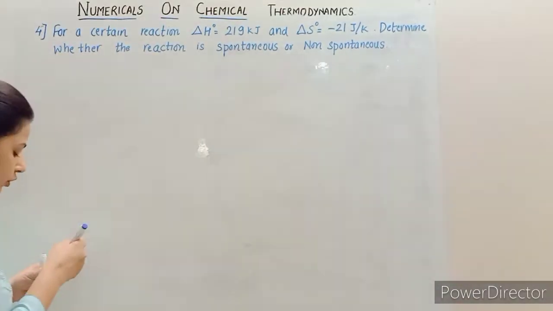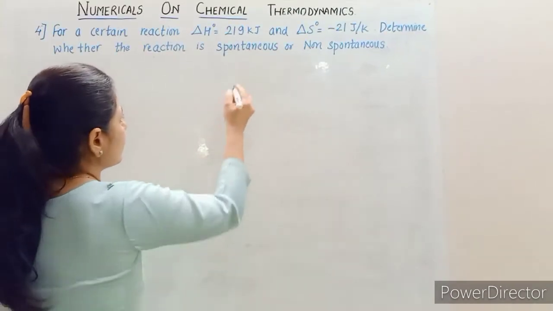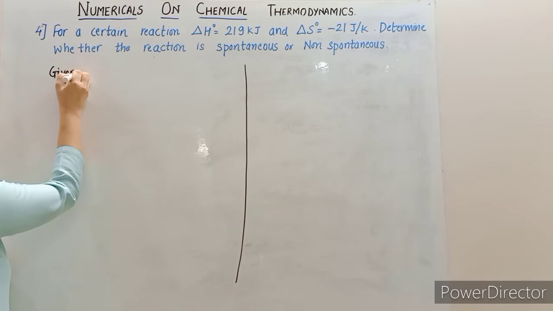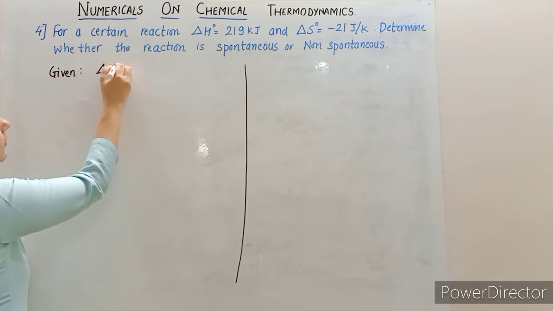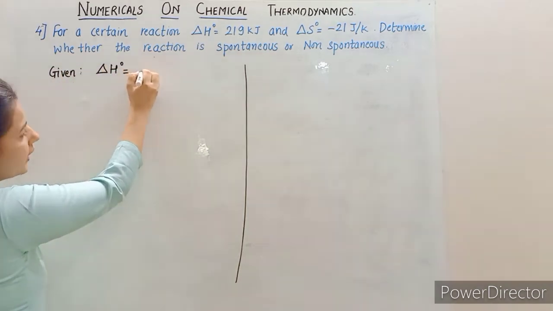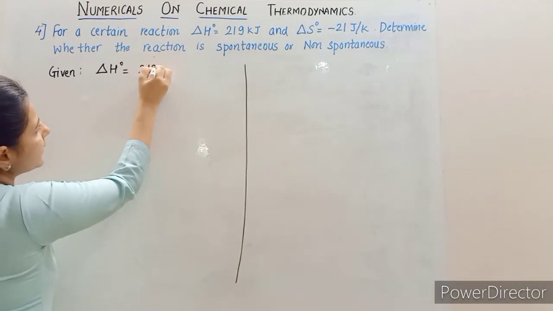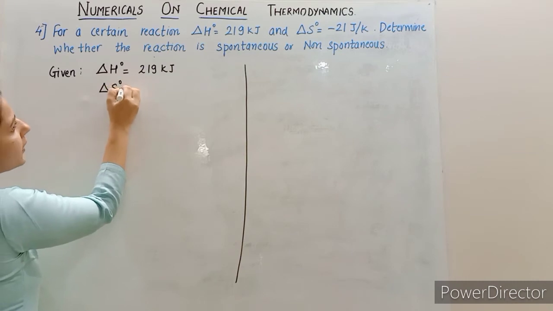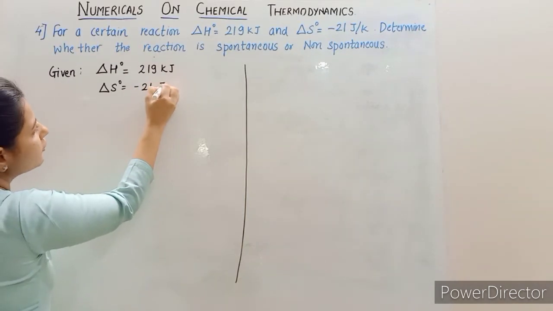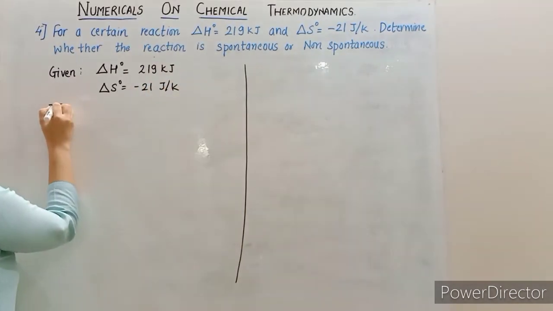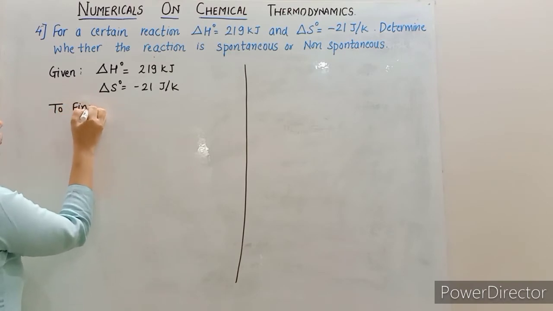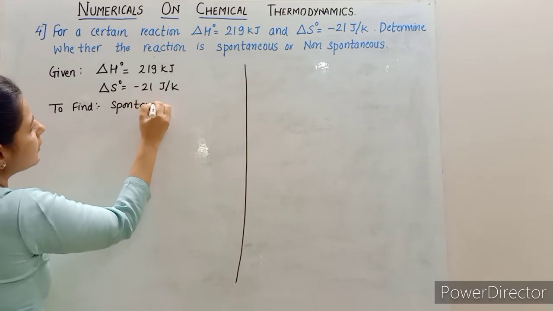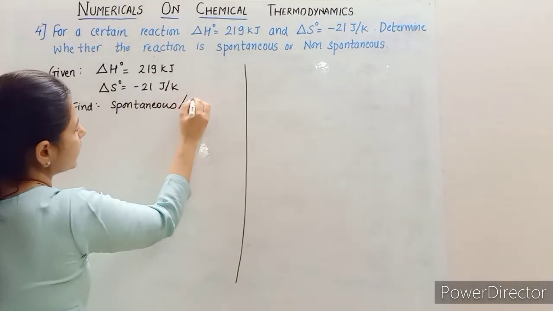Now let us first write down what is given to us. Given is delta H, the change in enthalpy, is 219 kilojoules, and the standard entropy is minus 21 joules per Kelvin. What we have to find out is whether our reaction is spontaneous or non-spontaneous.